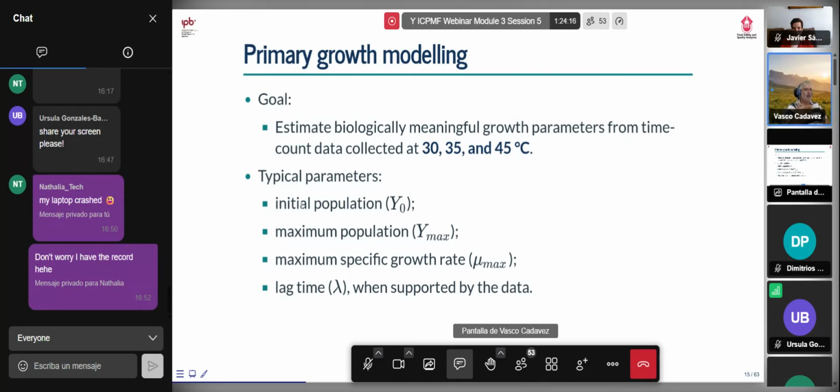If you are talking about a full growth model, we need to have an initial population, a maximum population, a maximum specific growth rate, and also the lag time. Sometimes we don't have a lag time, so we can use a different primary model without the lag phase. You can find it in predmicroR.